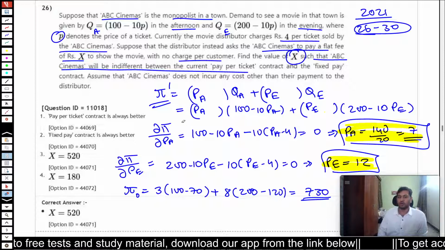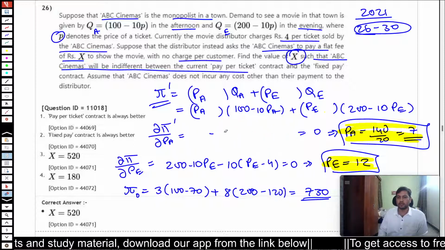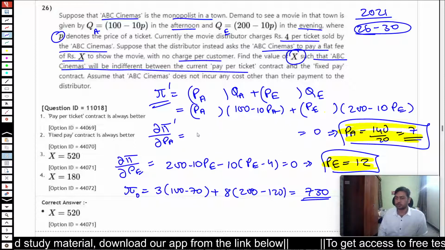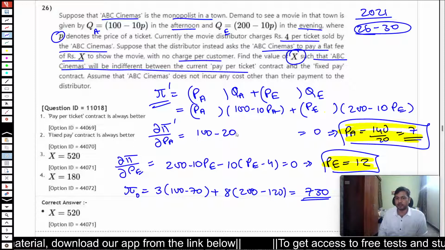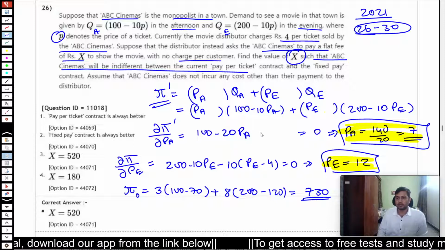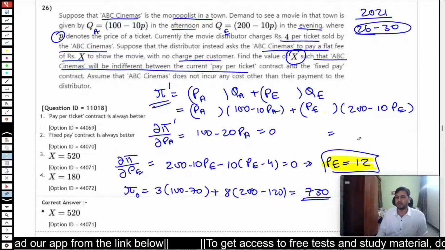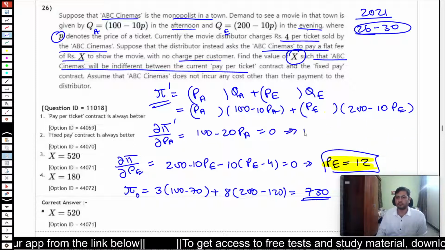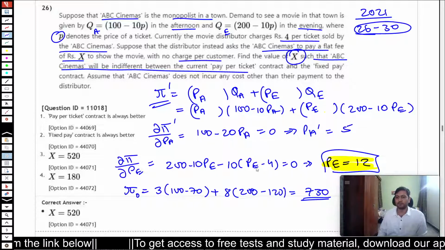When we do del pi prime by del PA, the equation we get is 100 minus 20 PA is equal to 0. So this just gives me PA prime equal to 5, right?